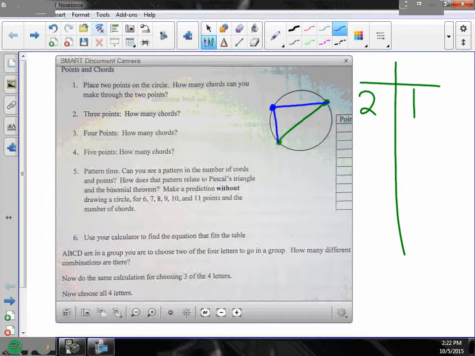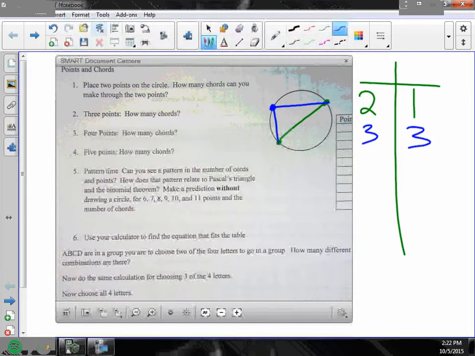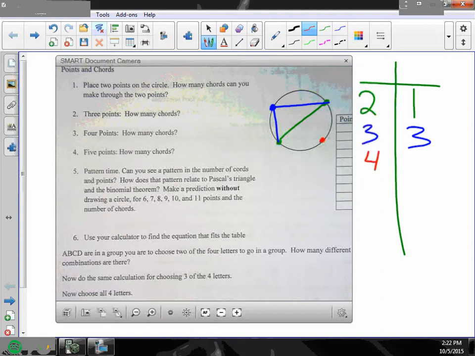So 3 points. Chances are it's not a perfect diameter, so you're okay. I know your drawing skills aren't that good. Okay, so now 4 points. How many chords? So I'm up to 6.